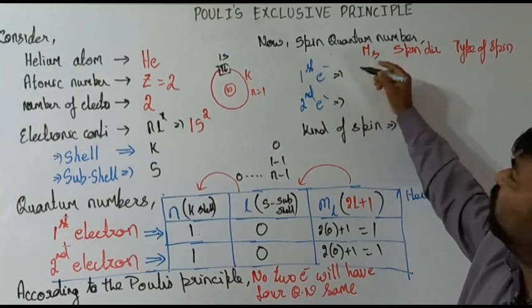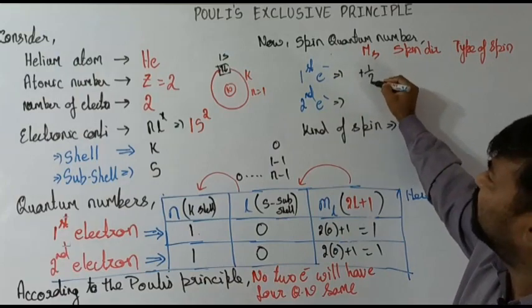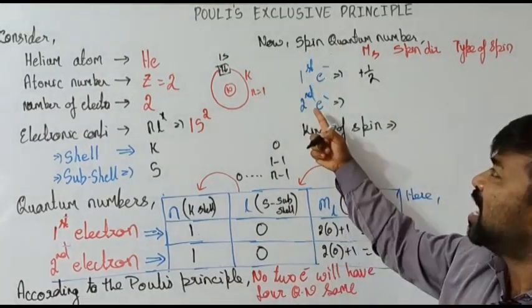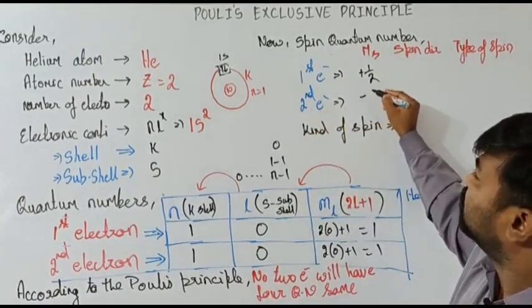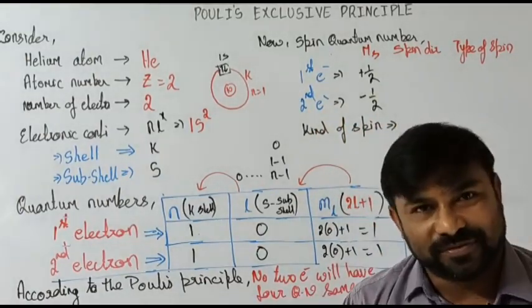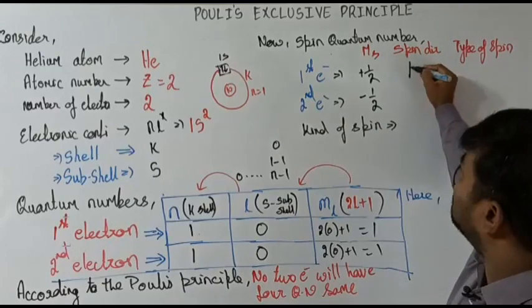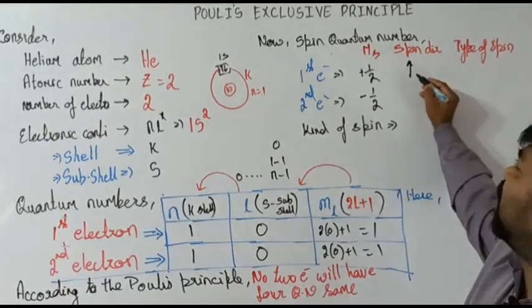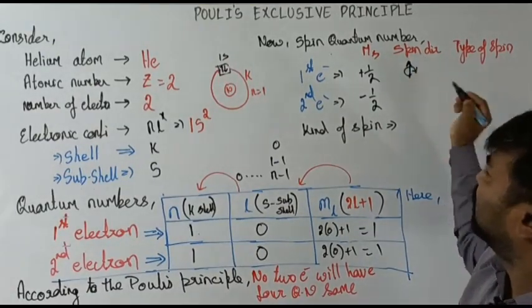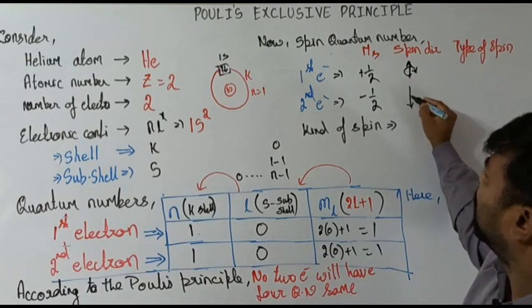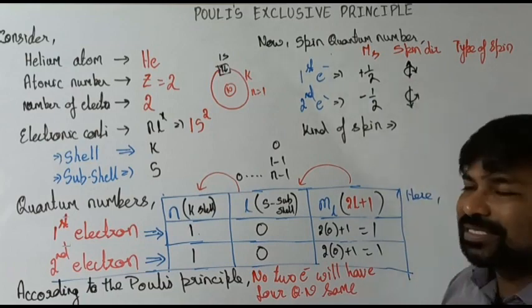The ms value of the first electron is plus half, and for the second electron it is minus half. The first one you indicate like this, and the second one like this.